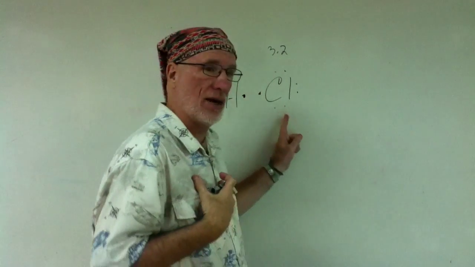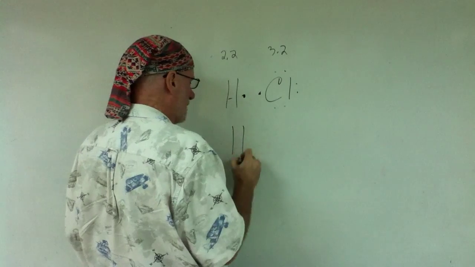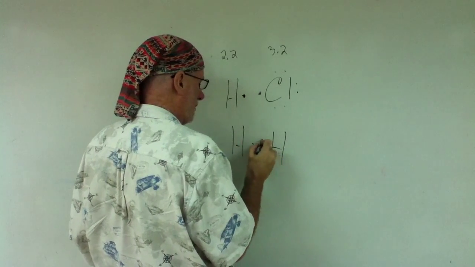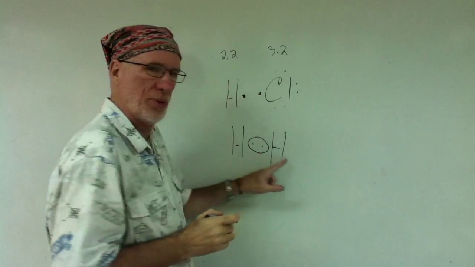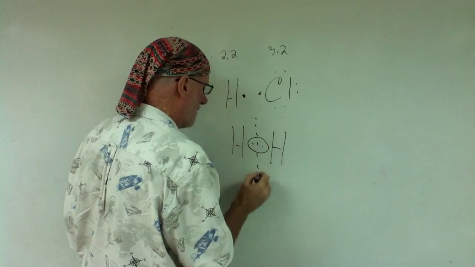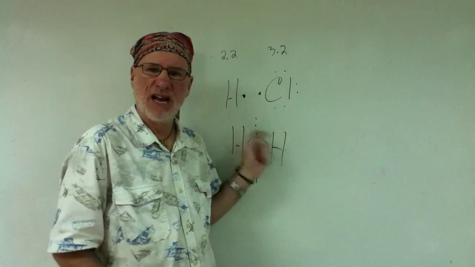Because of the higher electronegativity of chlorine, you're going to form an asymmetric distribution of charge, aren't you? Right? Well, what's a symmetric distribution of charge? You have this, nice and even. Equal pull, right? So I can split it right down the middle, half and half, correct?